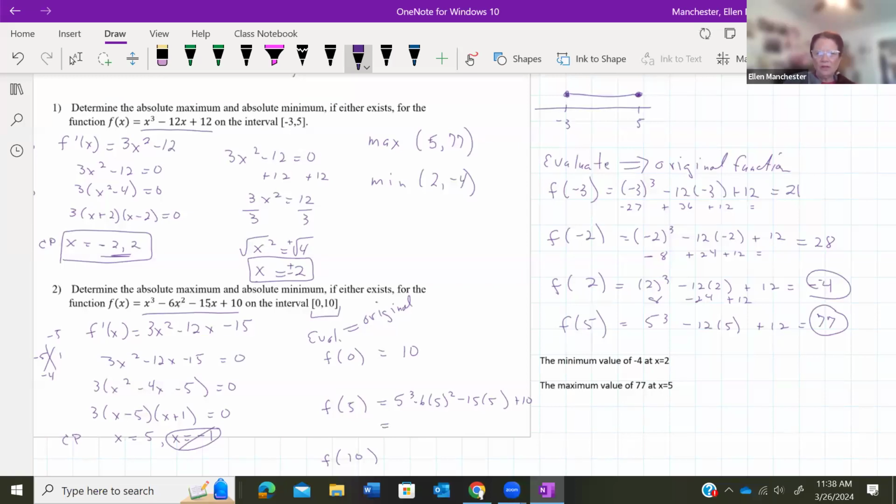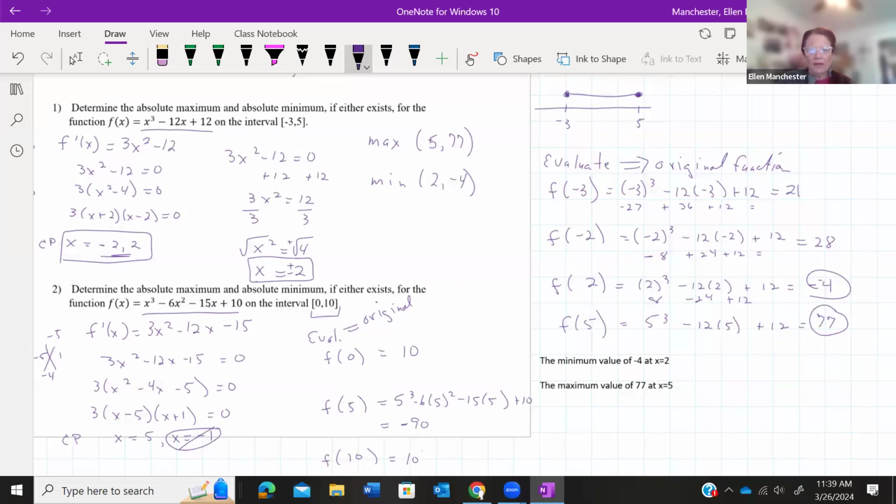So this one, know how to use your calculator. 125 minus 6 times 25 minus 15 times 5 plus 10. So when x is 5, y is -90.